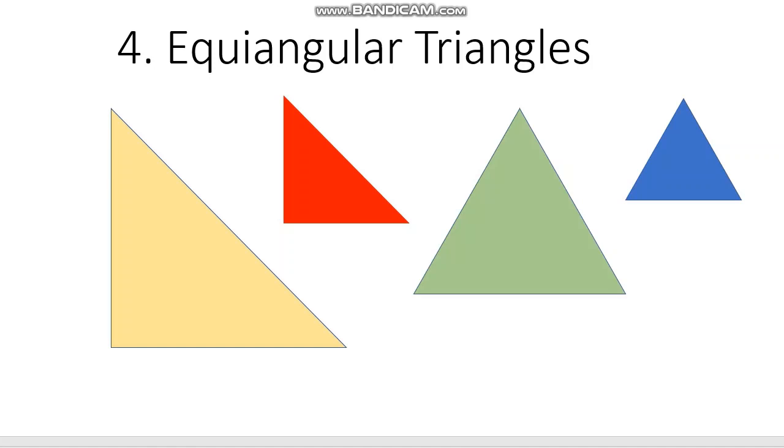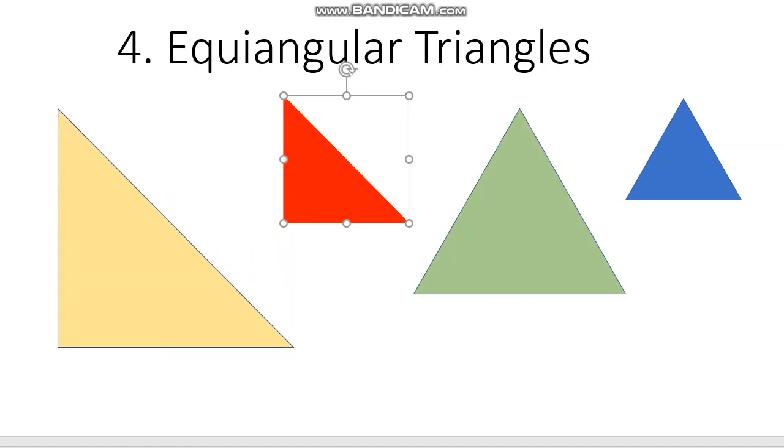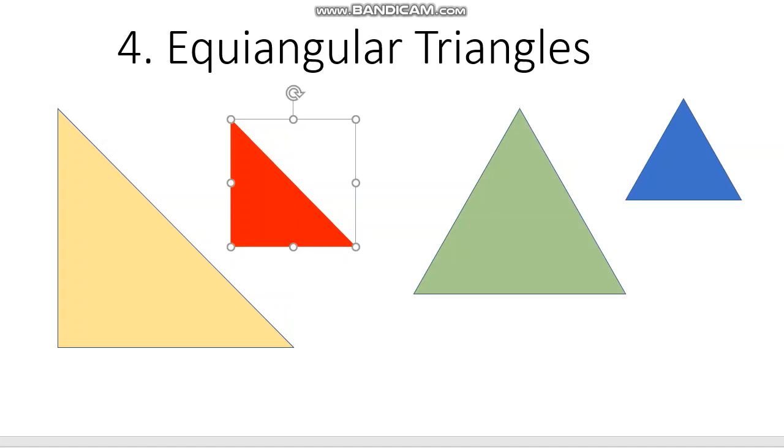Now children, let us see what do we mean by equiangular triangles. You can see here I have shown different types of triangles. If you see this triangle and this red color triangle, both of them look similar. Two triangles are equiangular if their corresponding angles are equal.